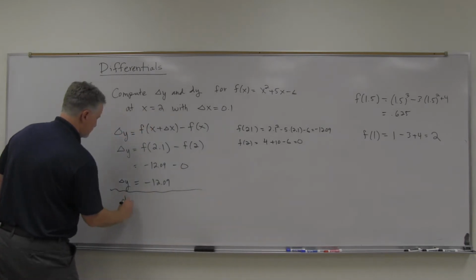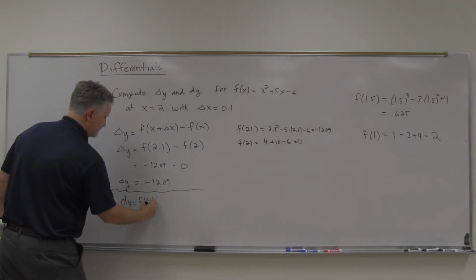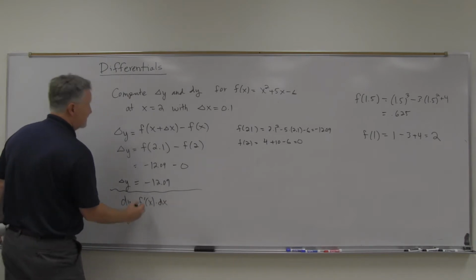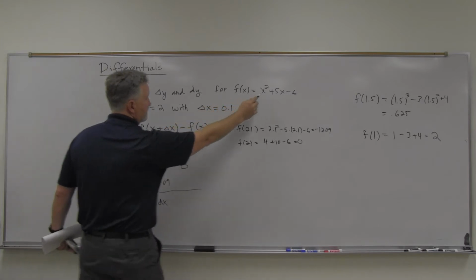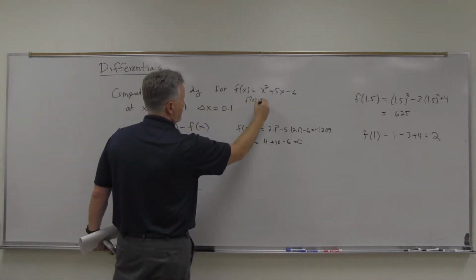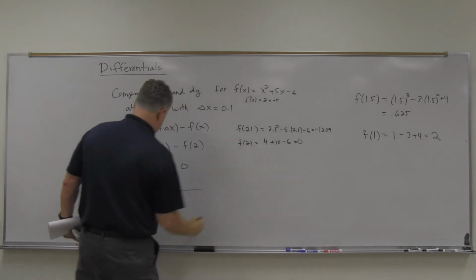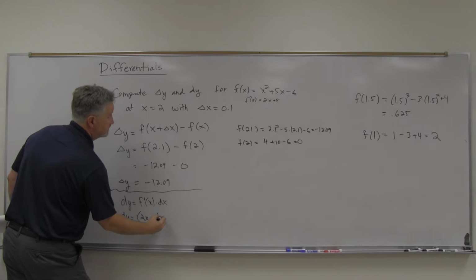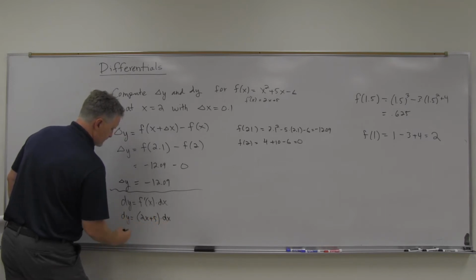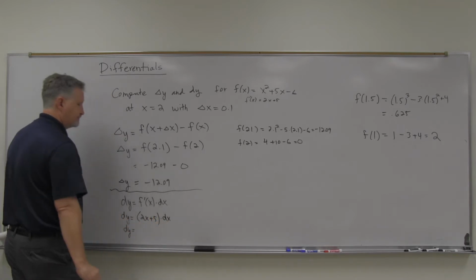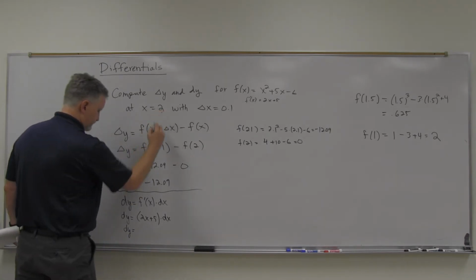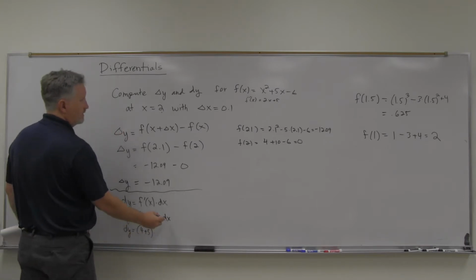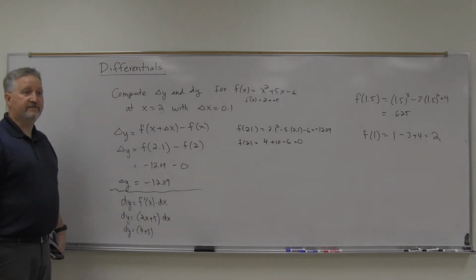dy is f prime of x times dx. So dy is going to be here, f prime, so I do the derivative of this, 2x plus 5. So dy is going to be 2x plus 5 times dx, which in this case, the x is 2, so that would be 4 plus 5 times my dx, which is a given.